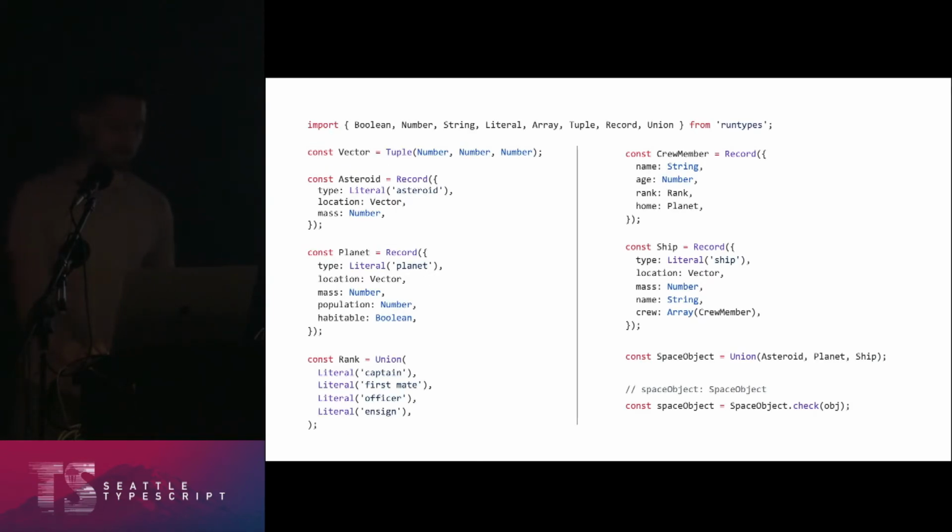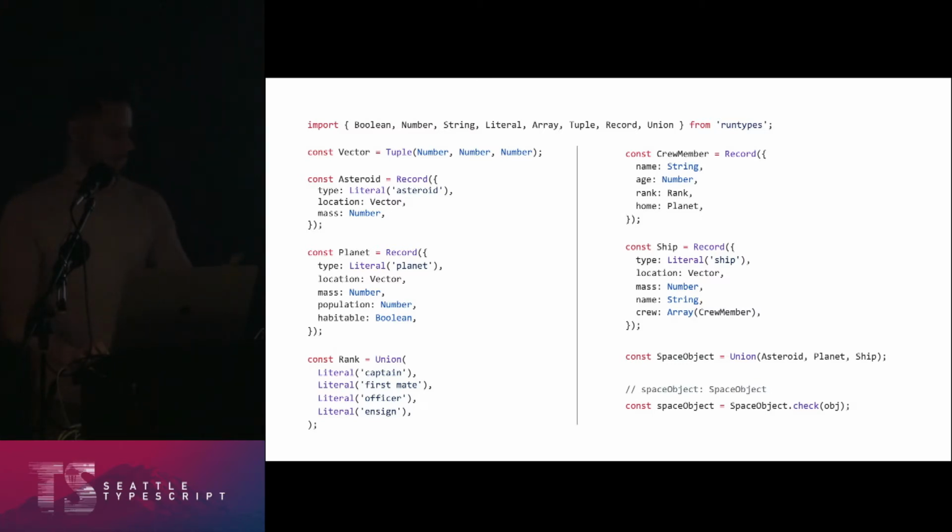So an example here, as you can see, you're importing these run types from the library. And notice that number and string are not coming from the TypeScript number and string. These are an actual run type, which basically comes with a type check, a type guard, in it as well. So this is from their GitHub, but basically defining a few types here.